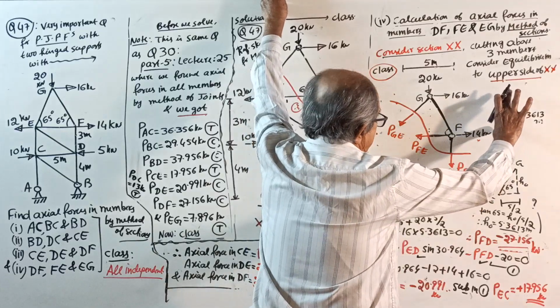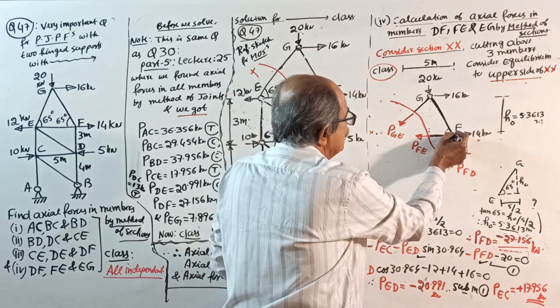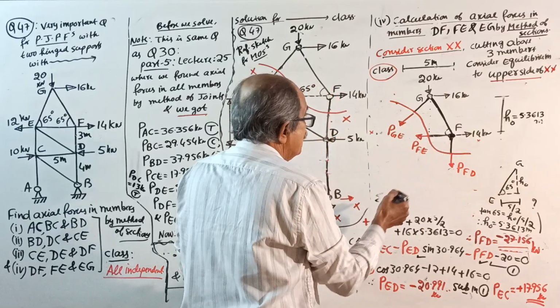This H is required, yes, one minute. We will be taking, make a note here, moment about the point F, because 2 unknowns are meeting here. So, read the reason.